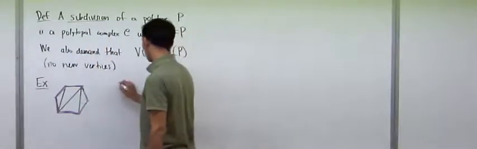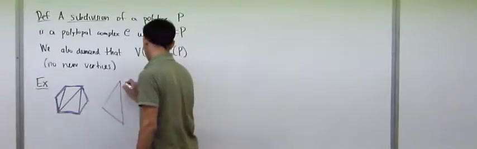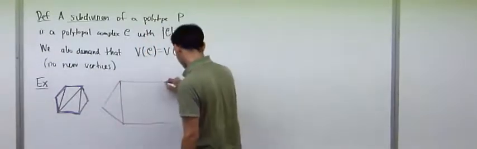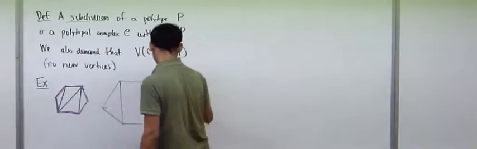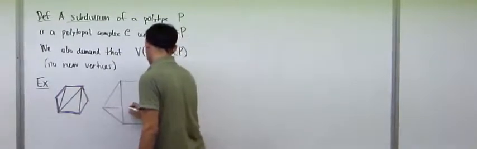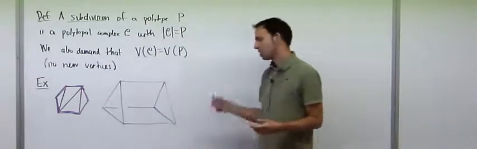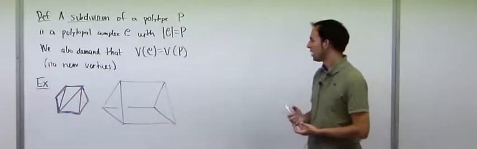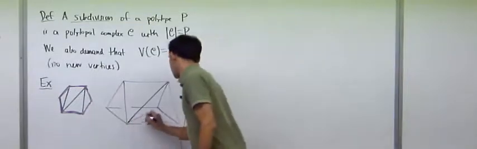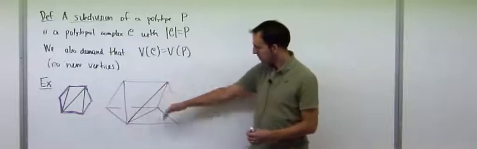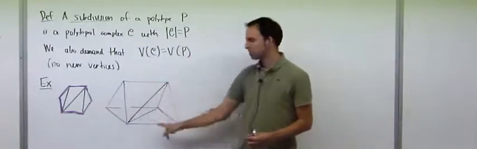Let me try to draw a more interesting example. So in 3 dimensions, what we need to do is cut this up. For example, one thing that I could do is first make this cut, and isolate this tetrahedron.